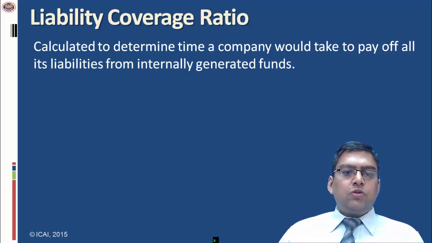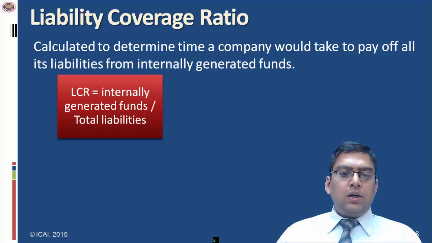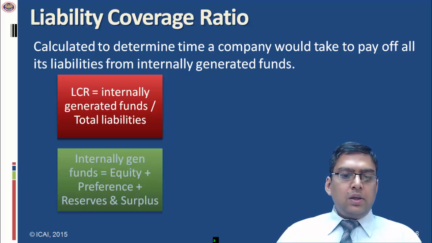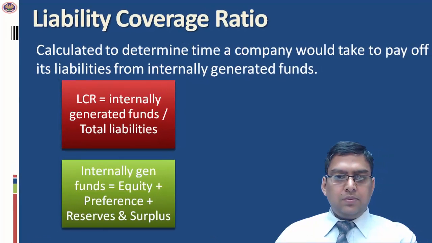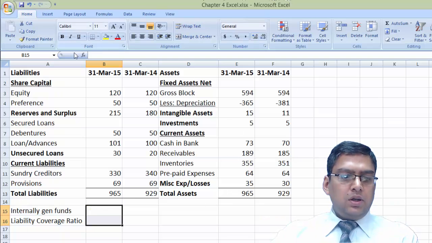Next one is the liability coverage ratio. Liability coverage ratio is used to determine the time a company would take to pay off all its liabilities from internally generated funds. LCR equals internally generated funds divided by total liabilities, and internally generated funds equal equity plus preference plus reserve and surplus. That is in the balance sheet.